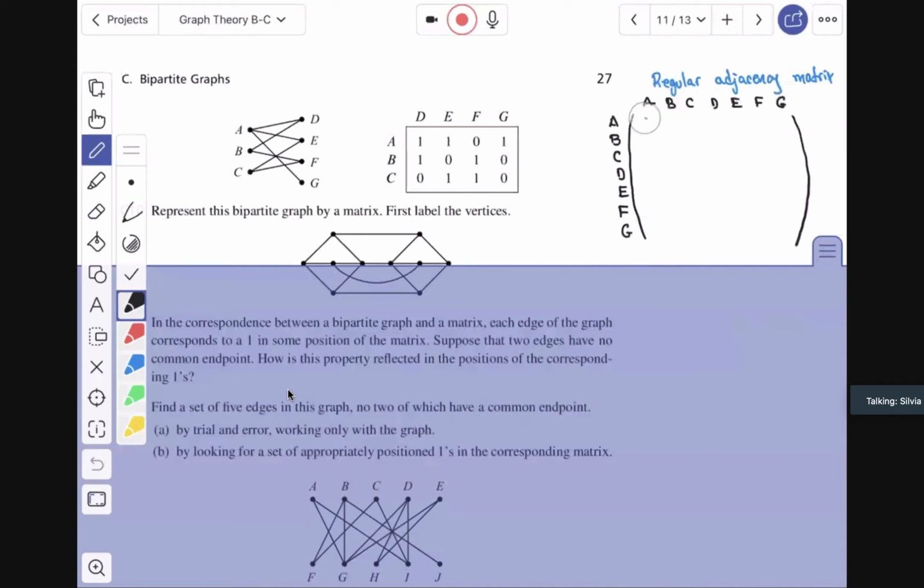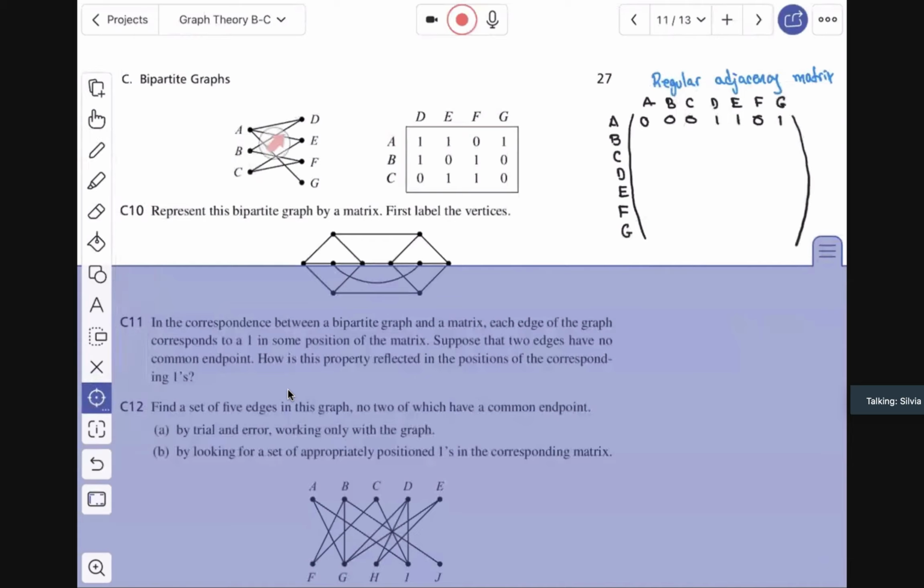If the pair of vertices defining the entry are not adjacent, that's a 0. If they are adjacent, that's a 1. So for this graph, A is adjacent to D, E, and G, so D, E, and G in this row get 1s, and the others are 0s.